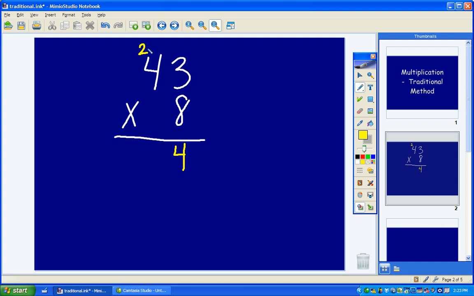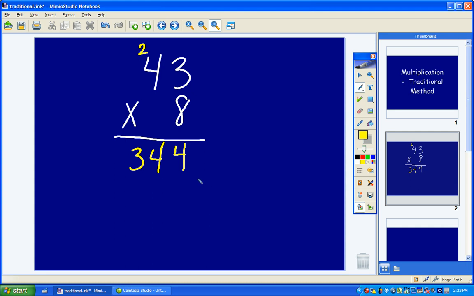Now I'm going to disregard this right now, but I'm going to come back to it. 4 times 8 is 32, and it's really 40 times 8 is 320. But for the sake of just getting the answer down, we think 4 times 8, 32. Then I have to add in the 2 tens I regrouped. So instead of having 32 tens, I now have 34 tens. And that would be my product.